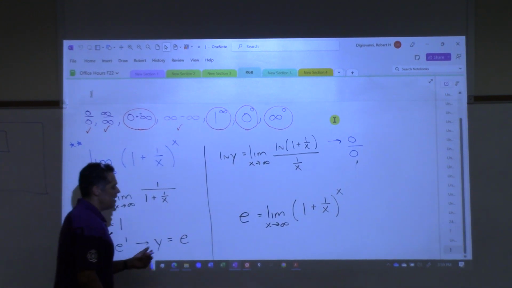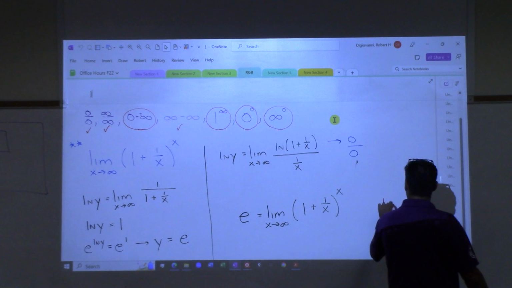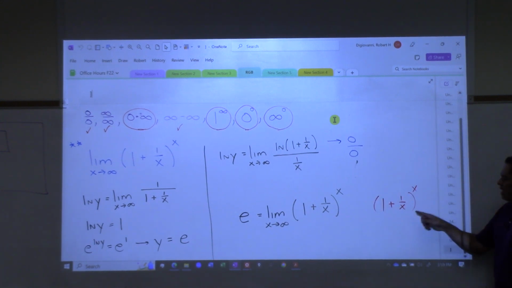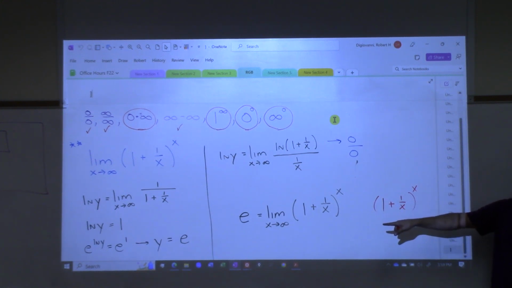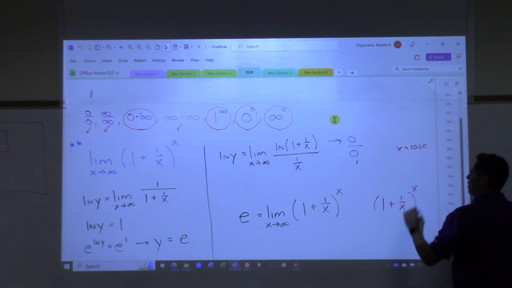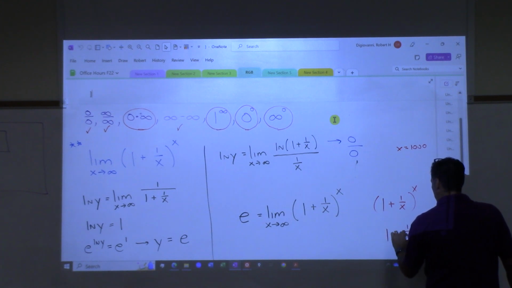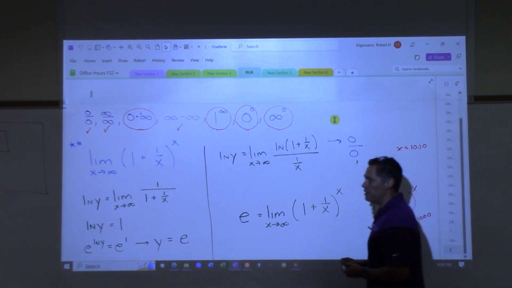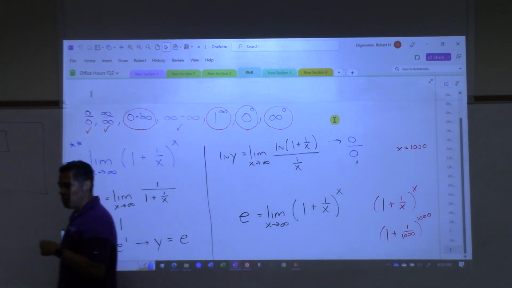What we're saying is that if you take this expression, 1 plus 1 over x raised to the x, and start plugging numbers into it and let those numbers get bigger and bigger, you're going to get closer and closer to the number e. If you don't believe it, try x equals 1,000. Go to your calculator and do 1 plus 1 over 1,000 and raise that to the 1,000th power, and you're probably going to get a number close to 2.718.